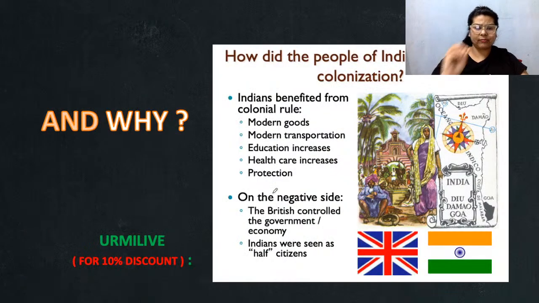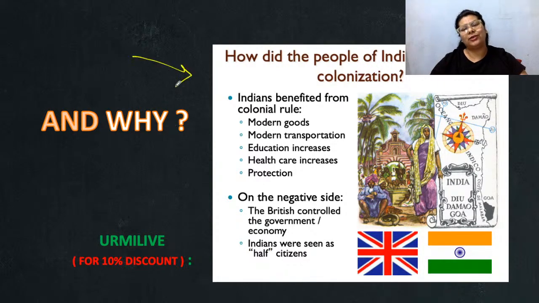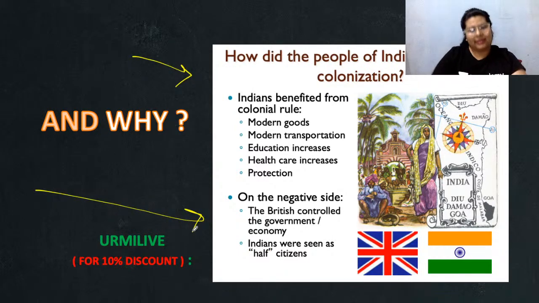All right. Why? When the people of India reacted to colonialism, some thought that Indians just benefited from the colonial rule. Why? Because yes, they did. We got modern goods, we got transportation, education increased, healthcare facilities and amenities were there, we got protection. But on the negative side, yes, the British did control the government and the economy.